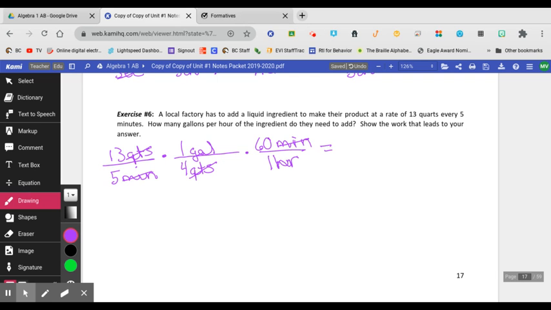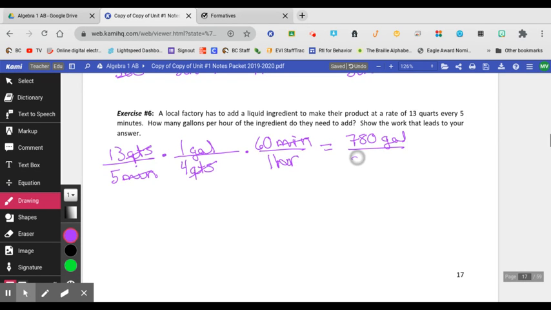Now when I multiply my numerator, 13 times 60 gives me 780 gallons over 5 times 4, which is 20 hours. I divide that, and it's 39 gallons per hour.